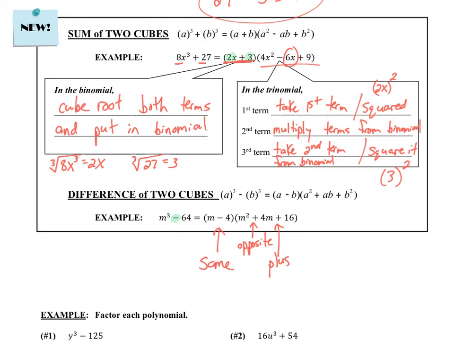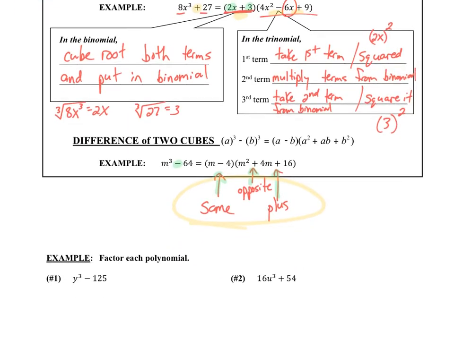So the same sign is minus, the opposite sign is a plus, and the last sign is always a plus. If you look above, there's a plus sign. The same as a plus sign will be another plus sign. The opposite of a plus sign will be a minus, and then the last sign is always a plus. So when you do your factoring for sum and difference of cubes, it's always going to be same sign, opposite sign, plus sign. Okay, we have a couple examples below we're going to do together.